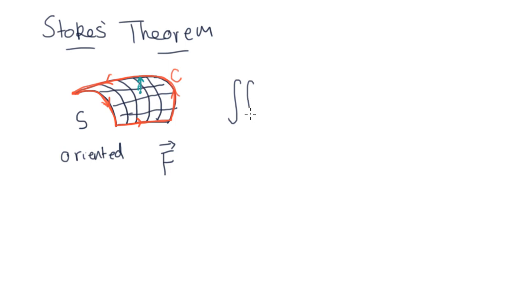It says that if I do the surface integral over S of the curl of F, and now the curl of F in space is going to be a vector, and what I want to do is take the component of that vector that is lying in the normal direction.